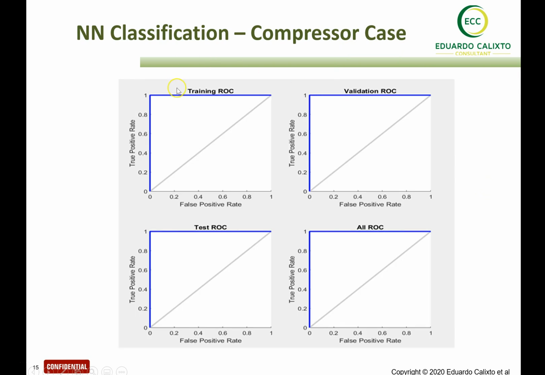Okay, and here we have an ROC that shows the data fits properly; the correlation between the true positive rates and false positive rates is very good. So that is the format that we've got. So let's take a look at how it works by giving an example applying MATLAB software.